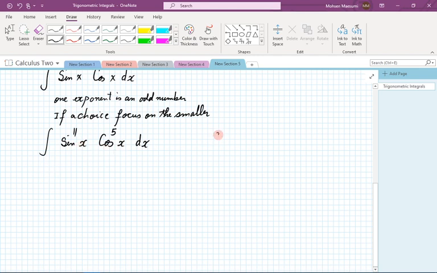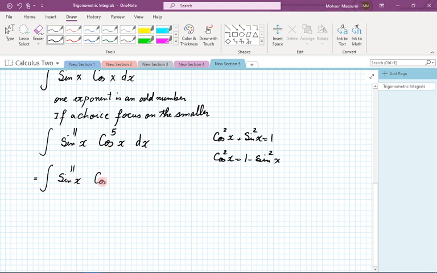First of all, remember the basic trig identity: cosine squared plus sine squared is equal to 1. So for example, if you want to isolate cosine squared of x, you can replace it by 1 minus sine squared of x. So what I have here is sine to power of 11 of x.